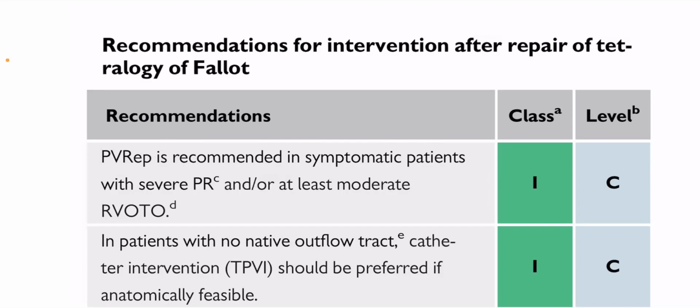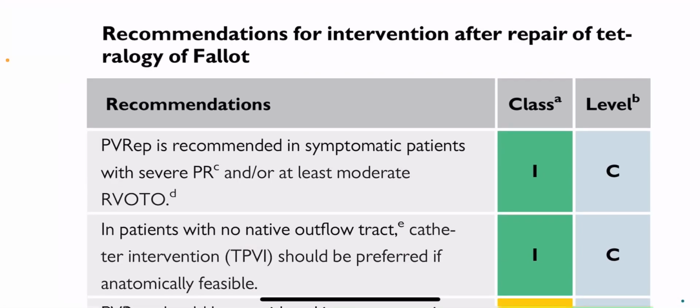Class 1 indication: pulmonary valve replacement is recommended in symptomatic patients with severe pulmonary regurgitation and or at least moderate RVOT obstruction, class 1 recommendation.